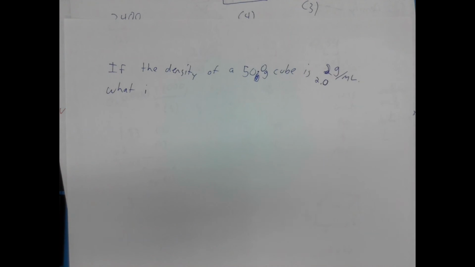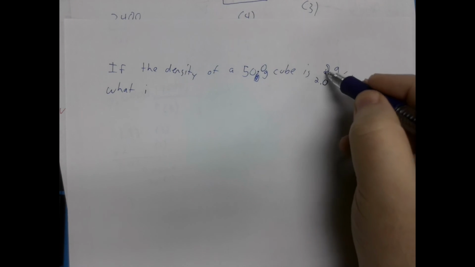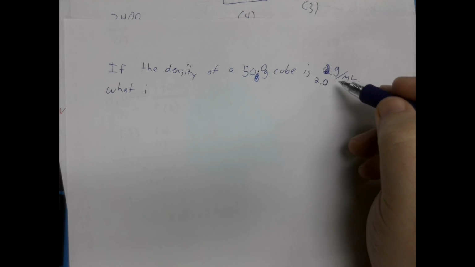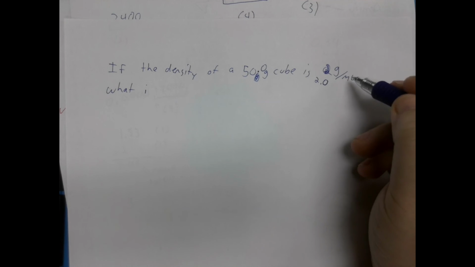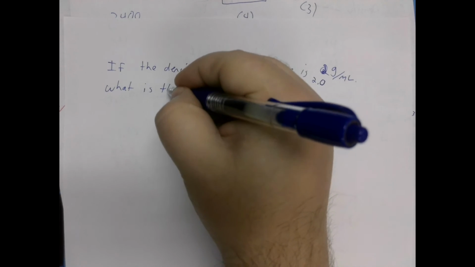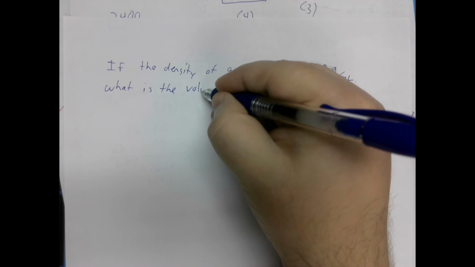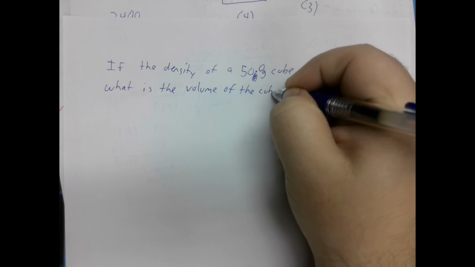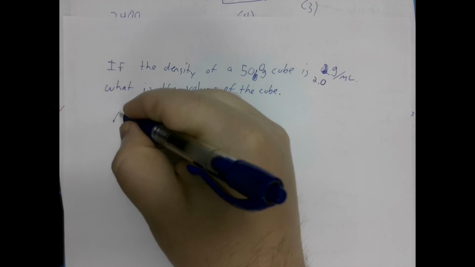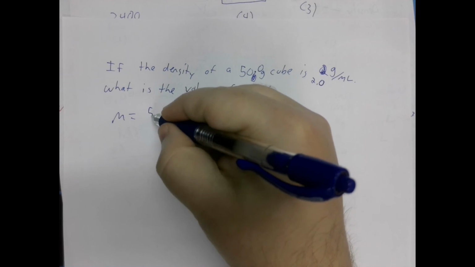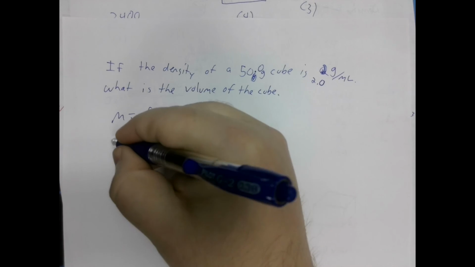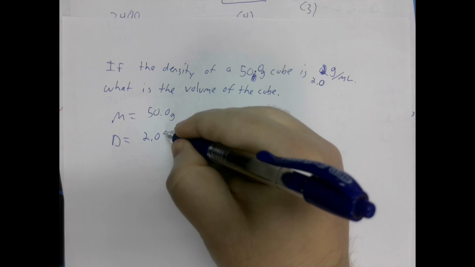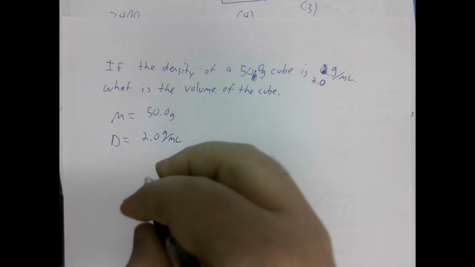So the density of a 50.0 gram cube is 2.0 grams per milliliter. What is the volume of the cube? So our mass is 50.0 grams. Our density is 2.0 grams per milliliter.